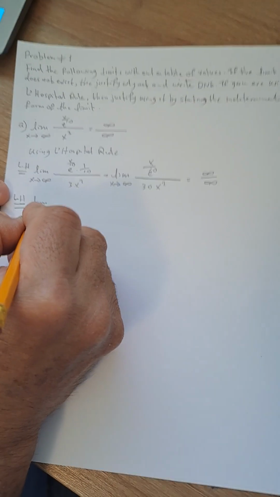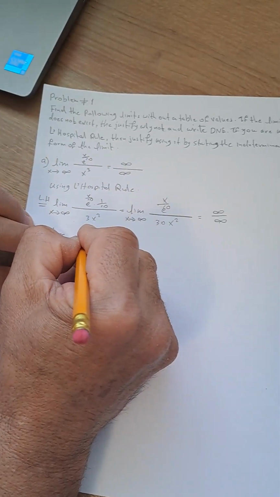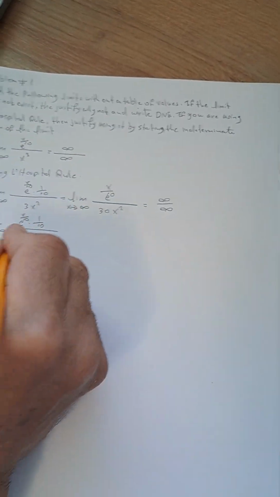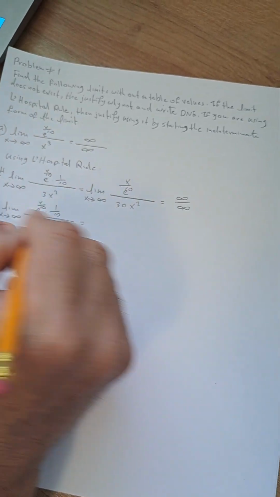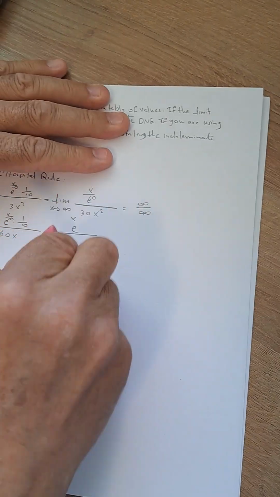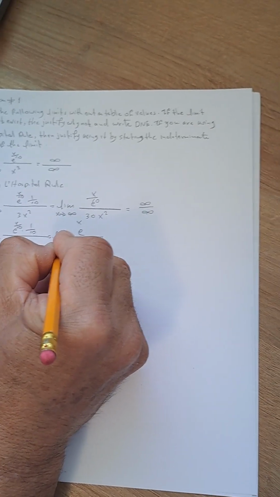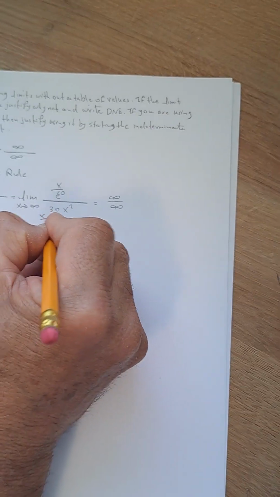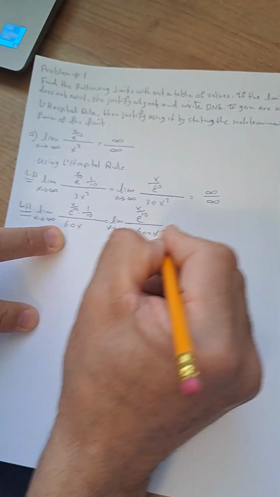The limit as x approaches infinity for this one will be e^(x/10) times 1/10 over 60x, which will be equal to the limit as x approaches infinity of e^(x/10) over 600x.